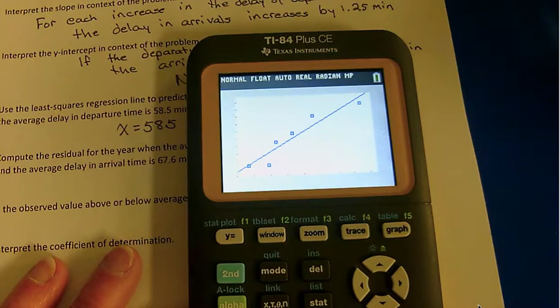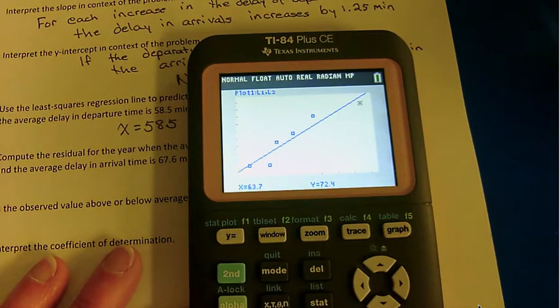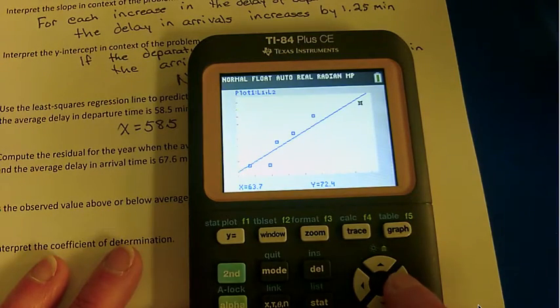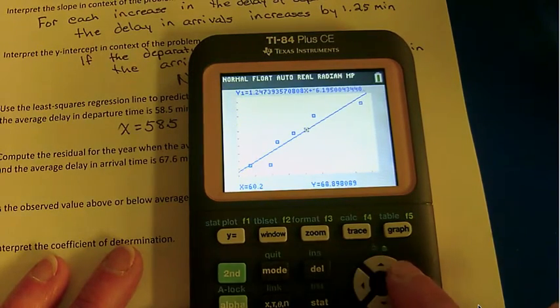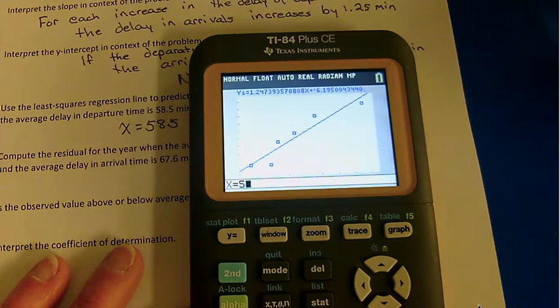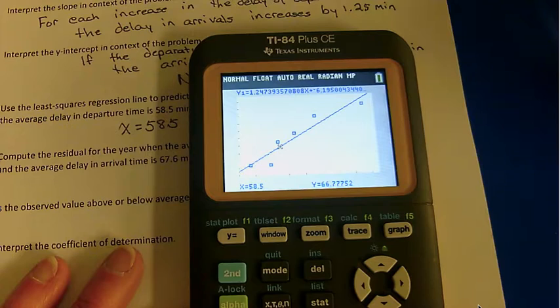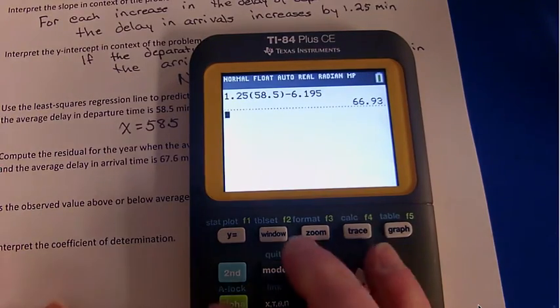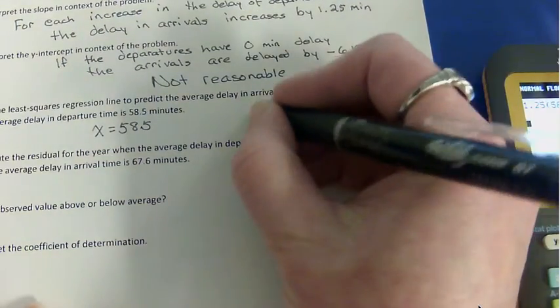And if it's on my graph, I can actually hit trace and type in any x value I want, while I'm on trace, I have to be off of the plot and be on the y1. It gives me the y value that goes with it. I could have also done 1.25 times 58.5 minus 6.195 and got 66.93.